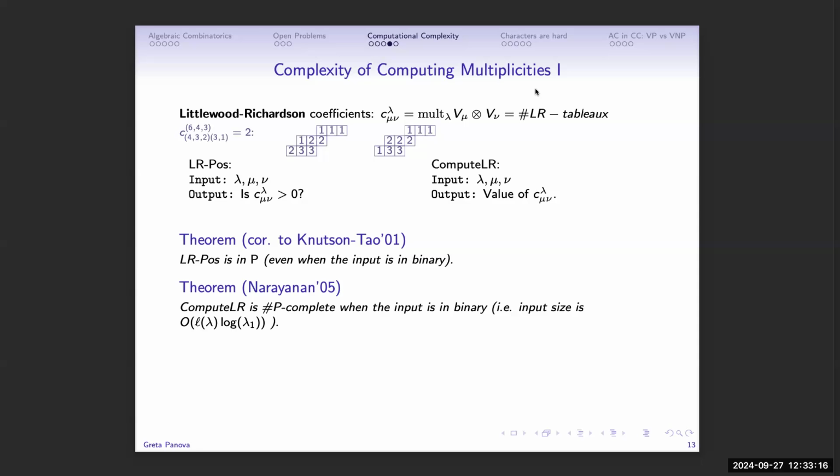So your input size is kind of small compared to the actual partitions. Then the problem is actually #P-complete, by a result of Narayanan.